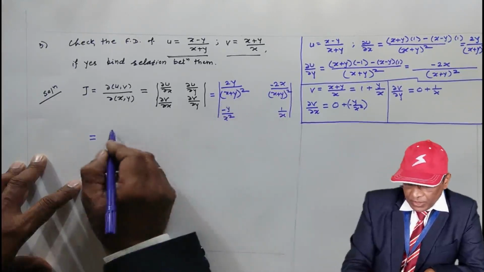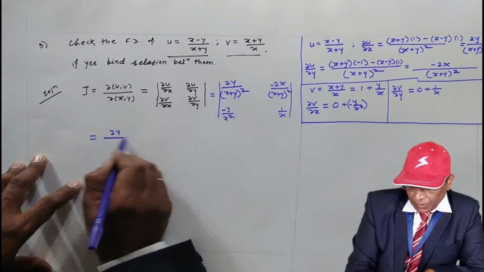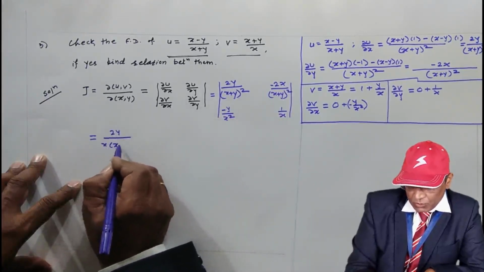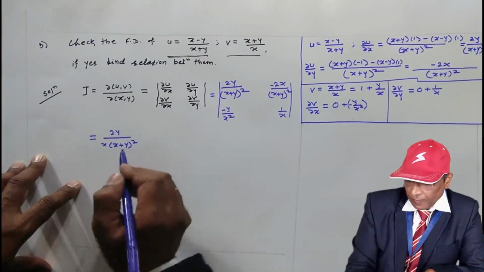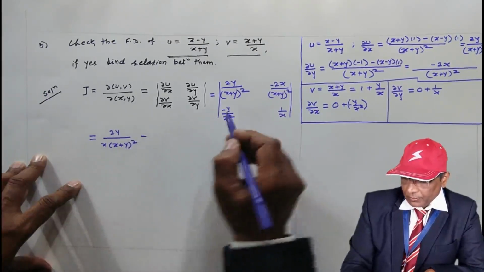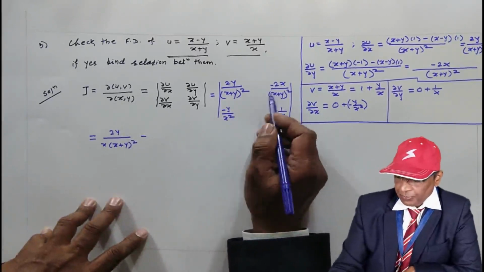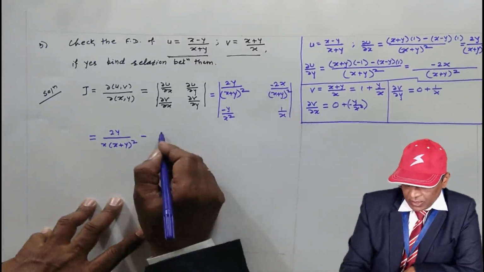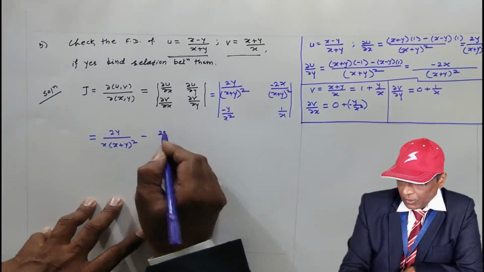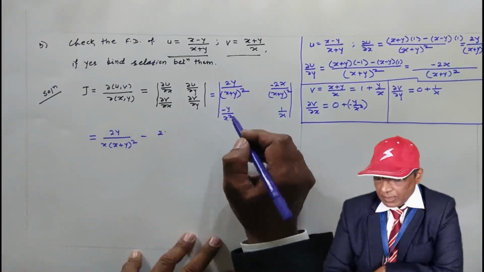If you multiply these two, so 2y by x plus y whole square minus product of these two is plus 2x. Here I am writing directly.